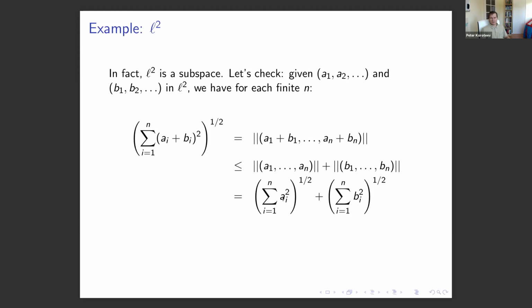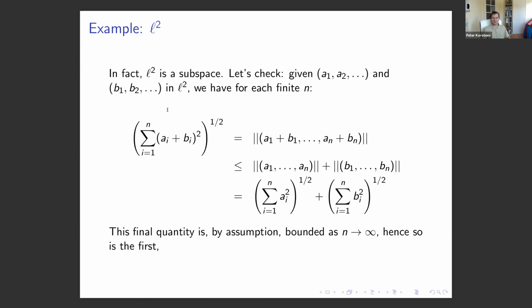Then you can take the limit. We know that both sequences belong to L2, and therefore the right-hand side is convergent, so the left-hand side is convergent, which means that the sum of the vectors also belongs to L2. This shows that the subspace is closed under addition of elements.